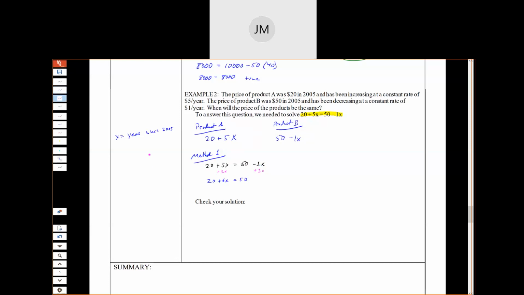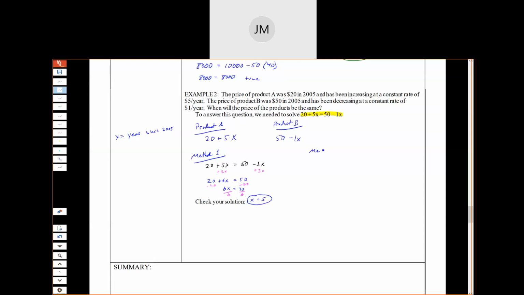Okay, and now this looks more familiar. I'm going to subtract 20 on both sides so that we have 6x equals 30. And then finally, we divide both sides by 6. Okay, so we get x equals 5.